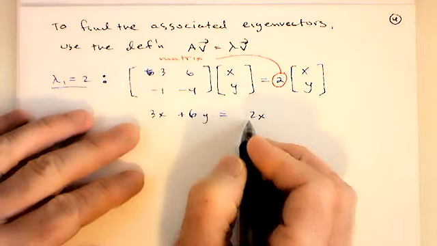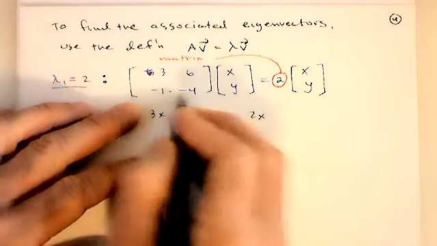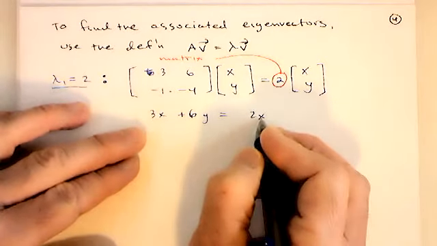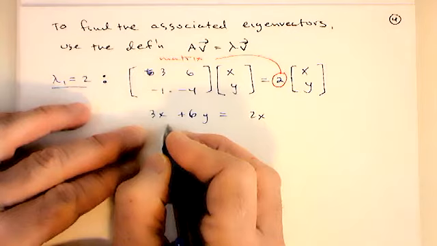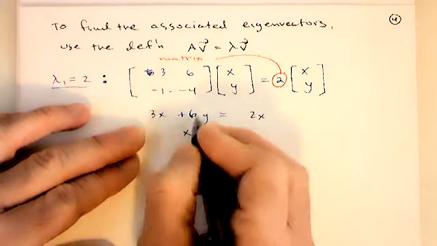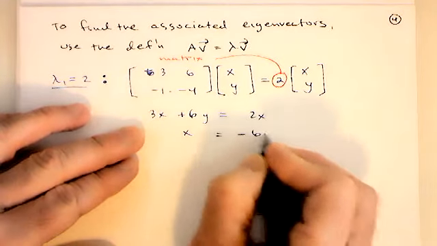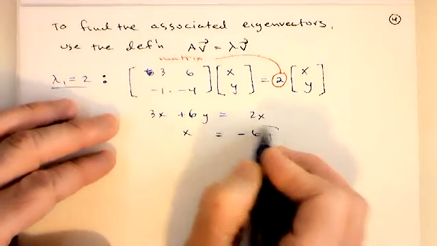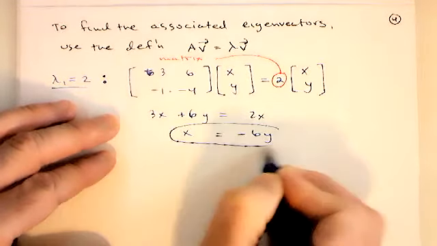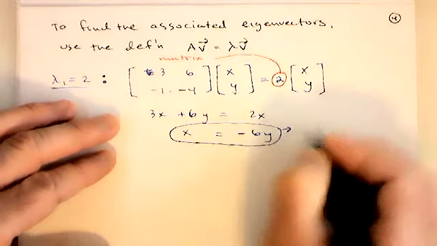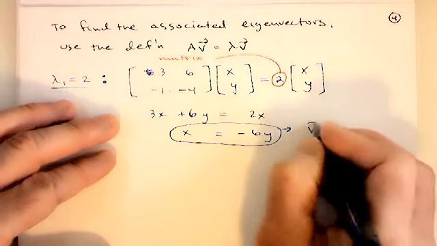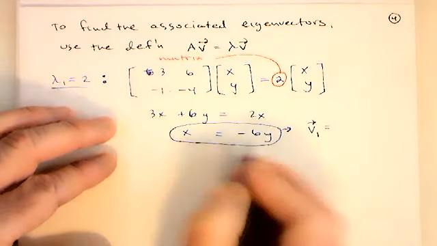If I just even work with this, I know there's a second multiplication I could do, but if I just work with this, check this out. If I subtract the 2x over here and move the 6y over there, this is really all I need to find my vector, a relationship between x and y.